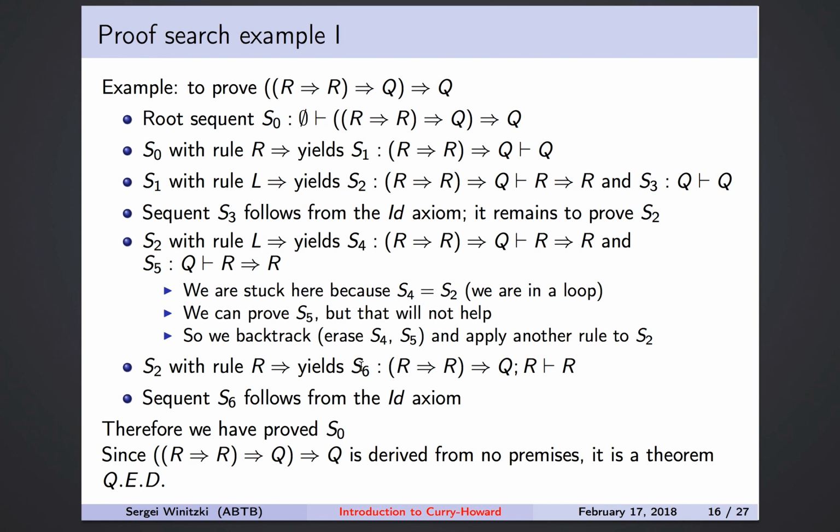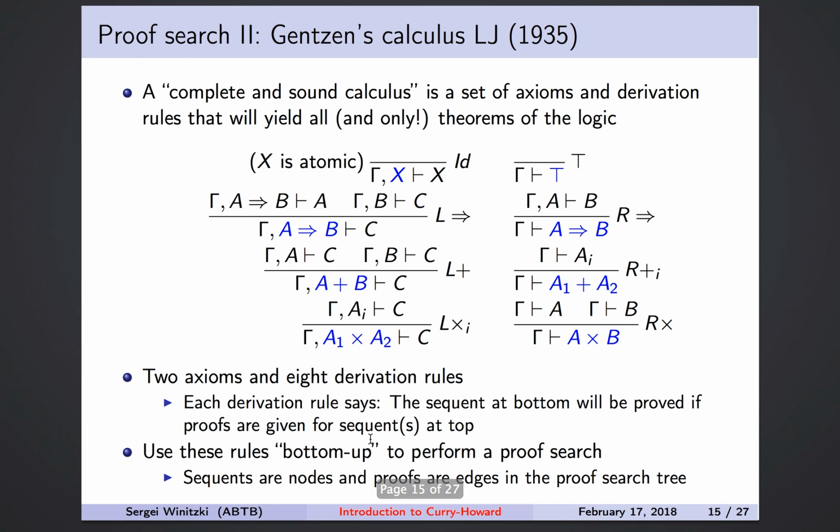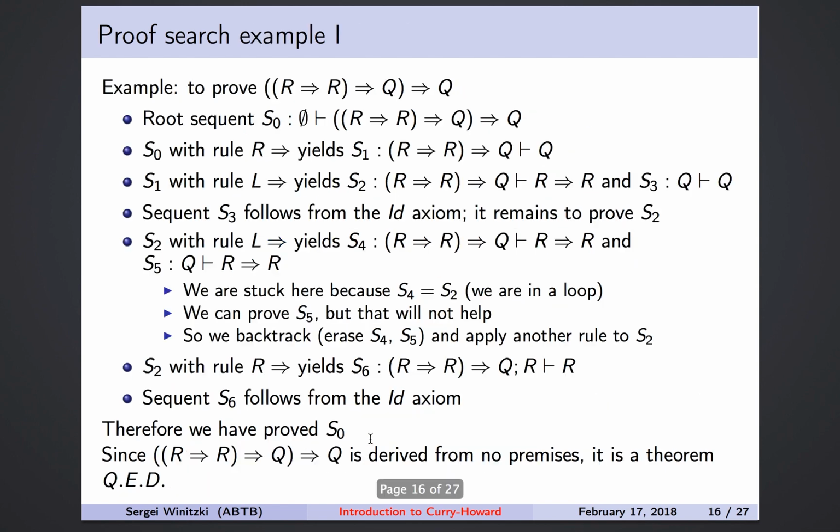S6 follows from the axiom, and therefore we have proved S0. No more sequents need to be proved. And because sequent S0 shows this to be derived from no premises, this formula is a theorem. That's what a theorem means in the logic. So that is how we use this calculus to do proof search.